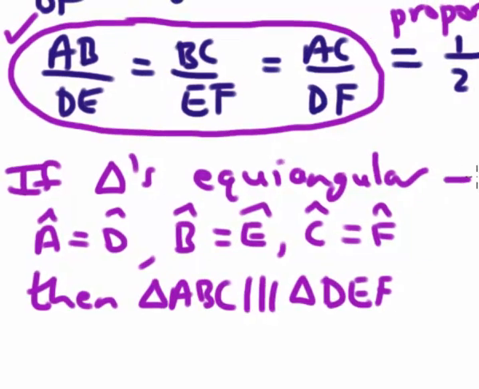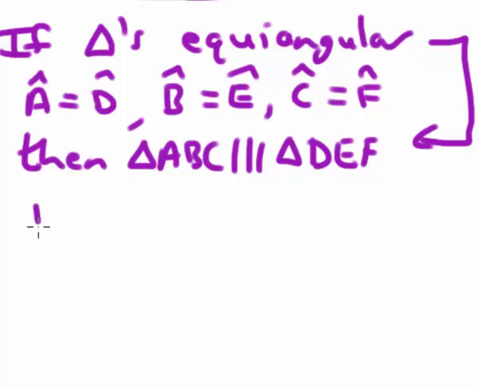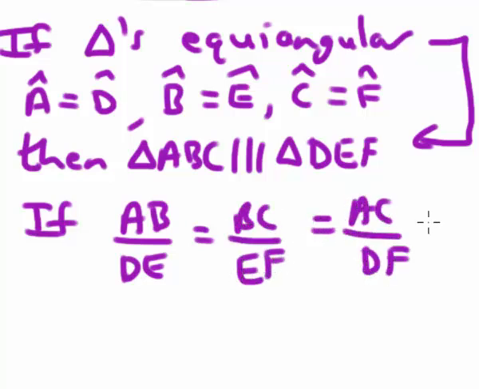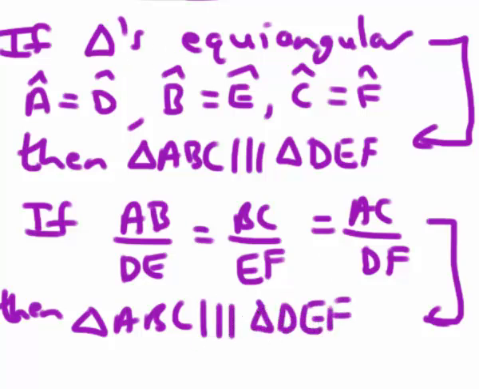And also, if AB over DE equals BC over EF equals AC over DF, if that holds true, then you can also say that triangle ABC is similar to triangle DEF. So there are two things: if the triangles are equiangular, then triangle ABC is similar to DEF.